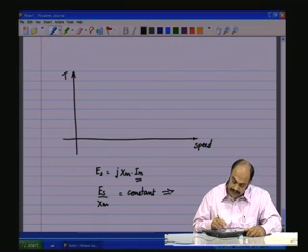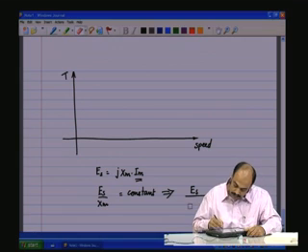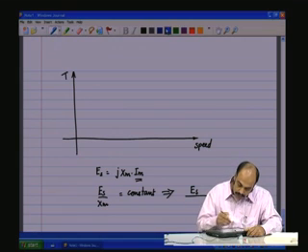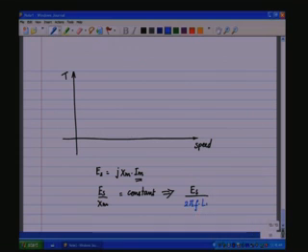This implies Es by j Xm is nothing but 2 pi f into Lm. This is the magnetizing inductance. Now this is anyway constant, pi is a constant factor, 2 is a constant factor, the only variable is f.